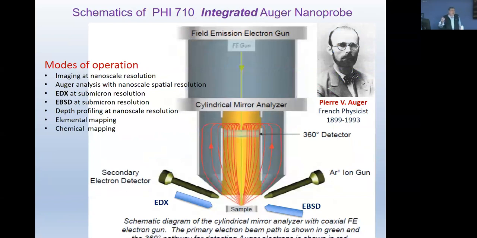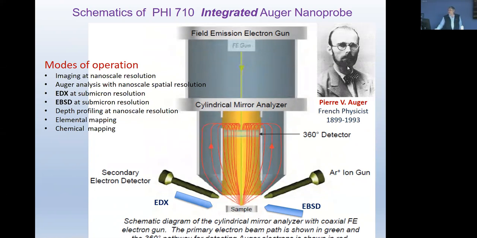The topic is integrated OHJ nanoprobe. So the OHJ comes from this scientist, a French physicist. He discovered cosmic rays and then the phenomena of OHJ transitions.